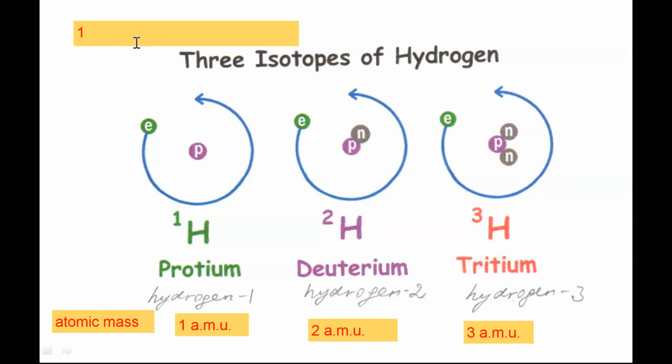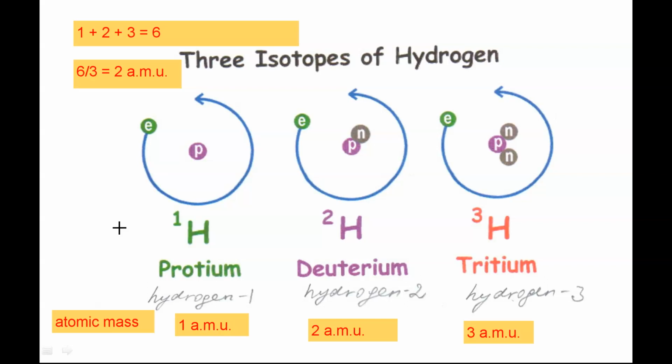So 1 plus 2 plus 3 is going to be 6. Is that correct? Right? And now if I'm going to divide 6 by 3, 6 divided by 3 is going to be 2 atomic mass units. Right? So 6 divided by 3 is 2 atomic mass units. So the average atomic mass has to be 2 atomic mass units.